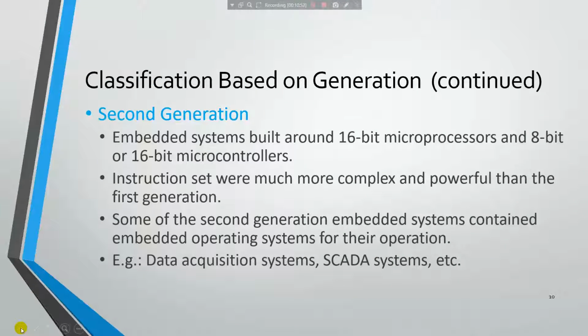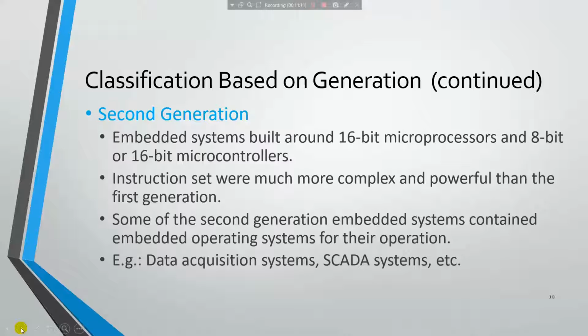Next, the classification based on the second generation. The second generation is based on 16-bit microprocessors and 8-bit microcontrollers. There were also 16-bit microcontrollers, but they were not as familiar as the microprocessors.